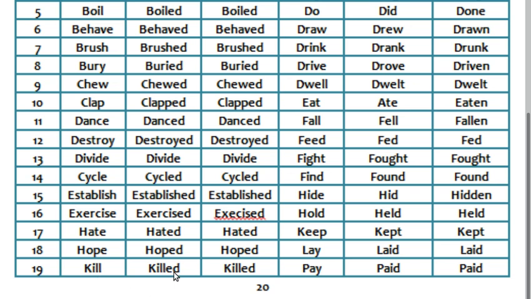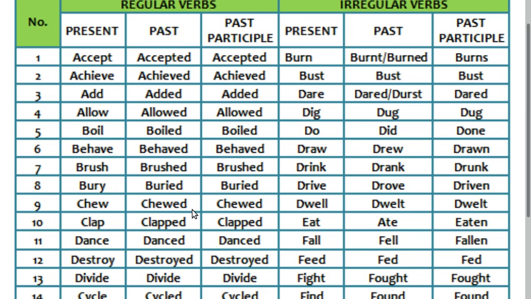Kill, killed. You see, the E you don't pronounce. You don't say kill-ed. Hate, hated, kill, killed. So we have an E we pronounce, an E which I do not pronounce. Boil, boiled, no pronouncing the E. Accept, accepted, you pronounce the E.